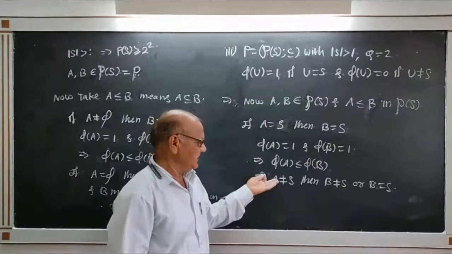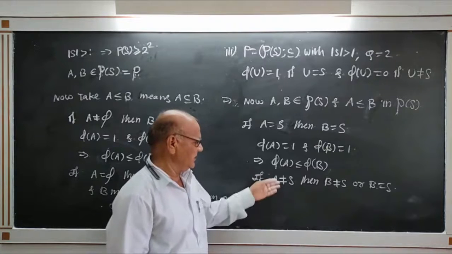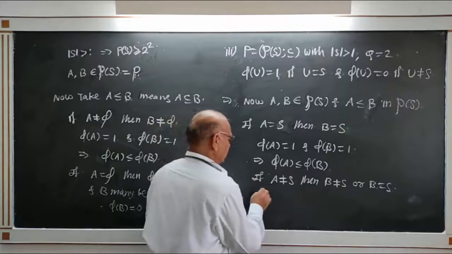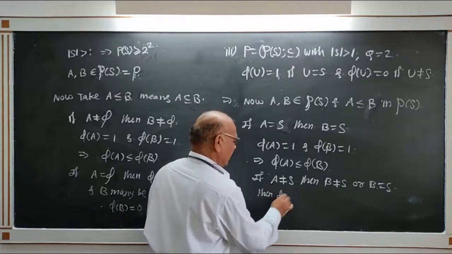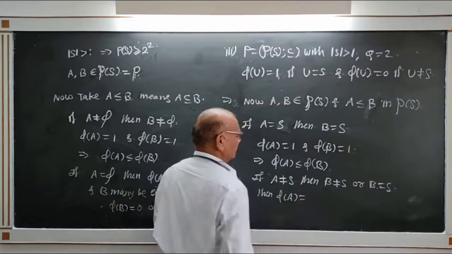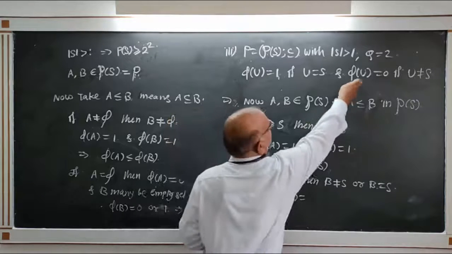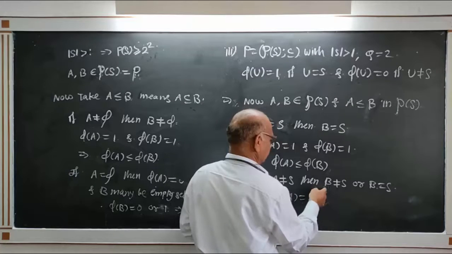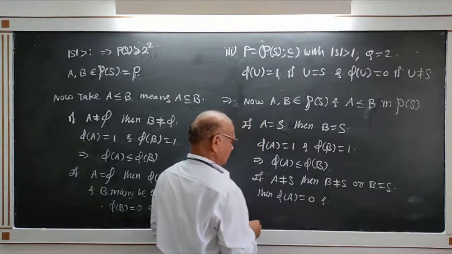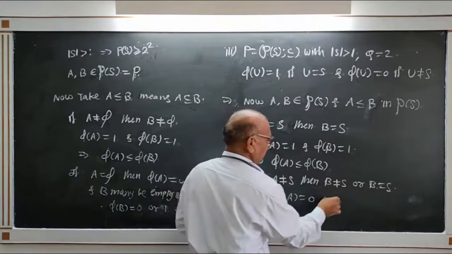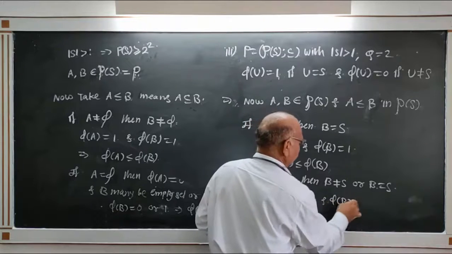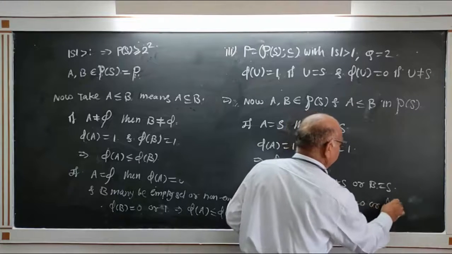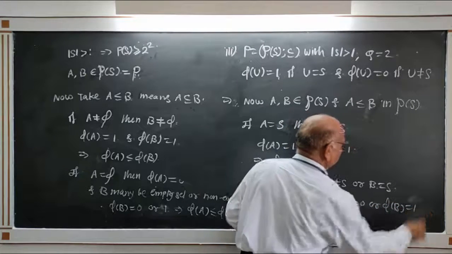Then phi of A is 0 in this case, and phi of B is 0 if B is not equal to S, or phi of B is equal to 1.